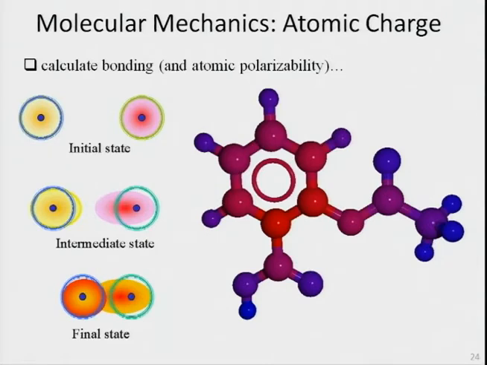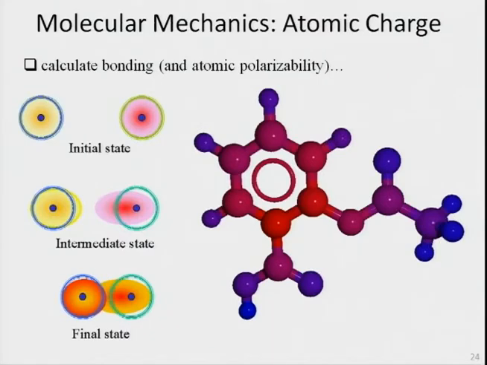So if you have two atoms that have different electronegativities, if they're far apart, they don't really feel each other. As they come close to one another, a dipole is induced because the more electronegative one wants to pull more of the electrons toward it, and so it ends up having a more negative charge.